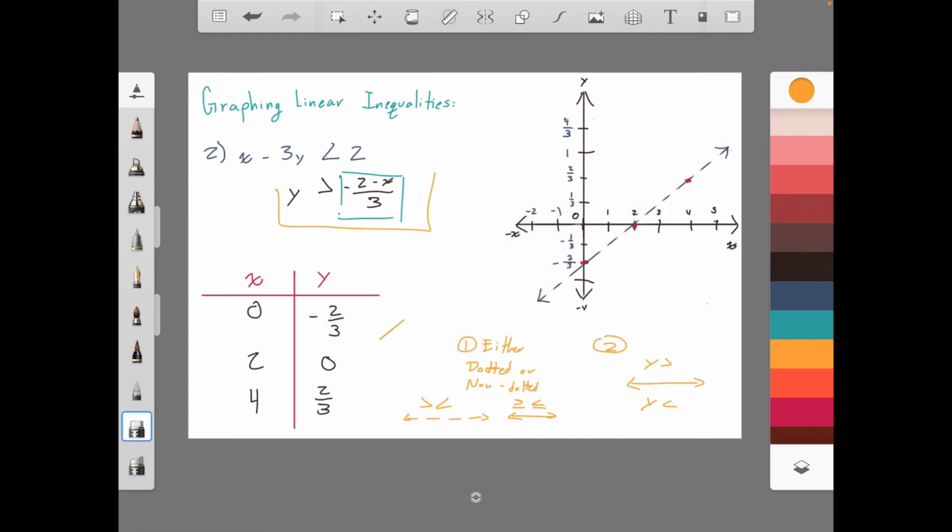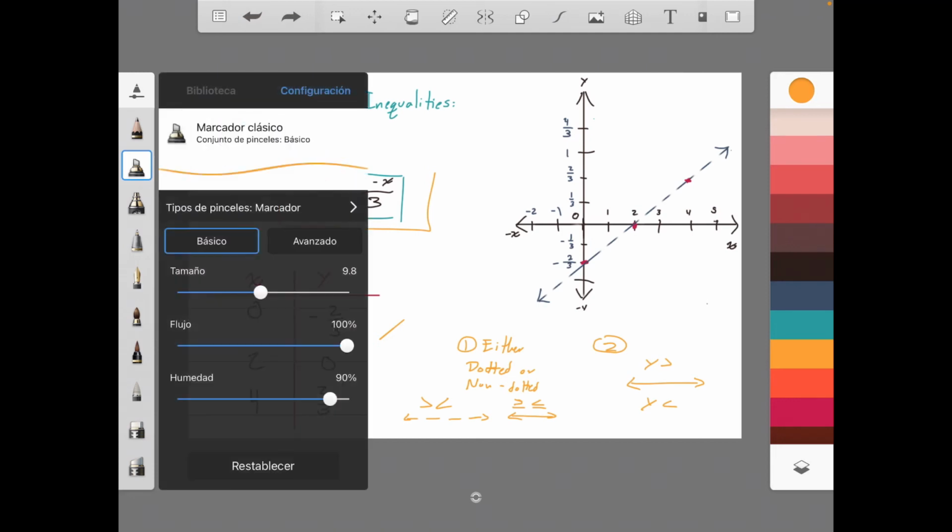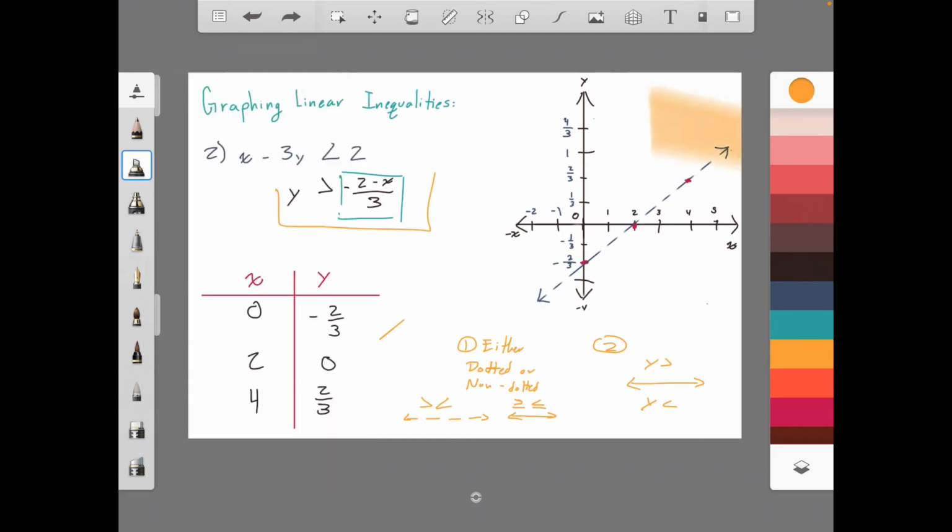Now, since y is greater than negative 2 minus x over 3, we now color all of this part over here.